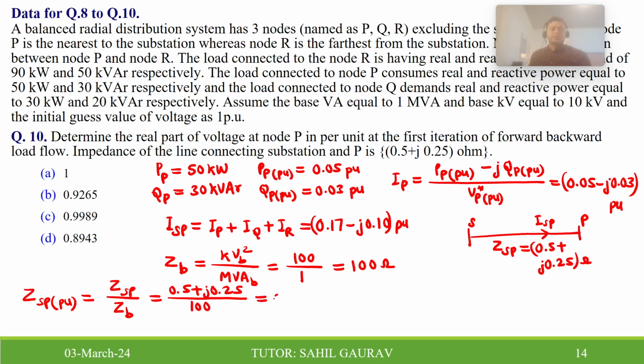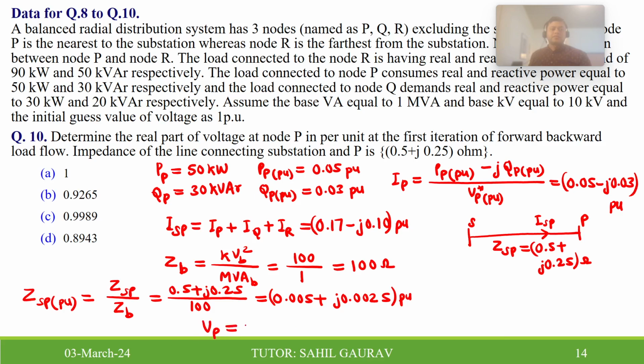So it will become 0.005 plus J 0.0025 per unit. Now it is simple. We have to apply the KVL that comes under the forward sweep. So we know the voltage at slack bus and we are going to find the voltage at node P. So we are moving forward, so it comes under the forward sweep.